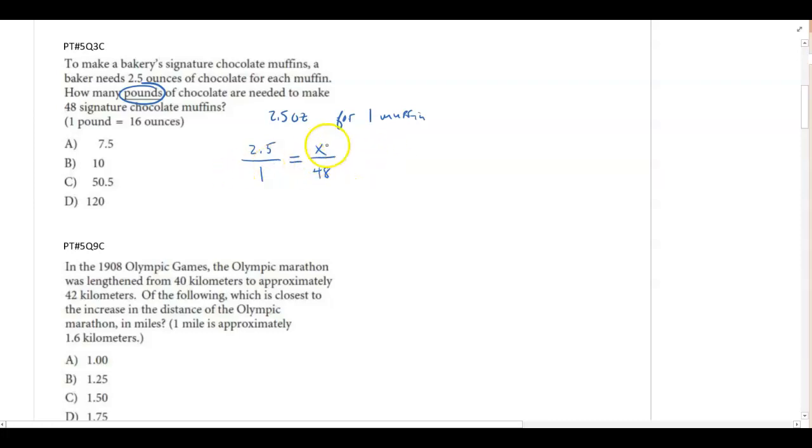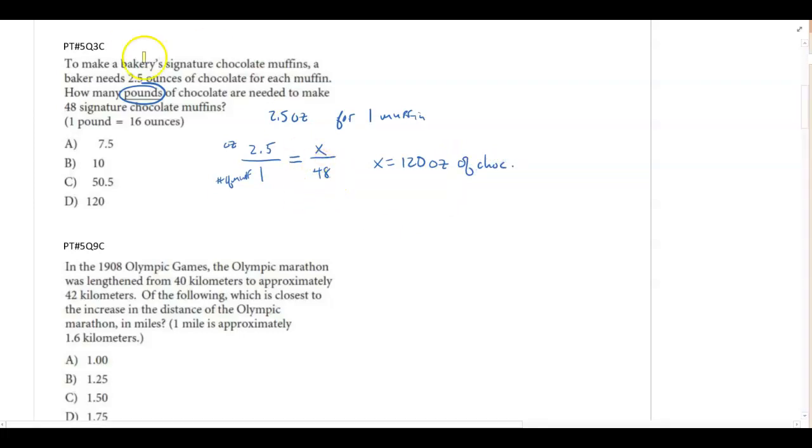When I set this proportion up, remember, number of ounces, number of muffins. So when I set this up and now I cross multiply, x equals 2.5 times 48, which would give you 120. That means you would need 120 ounces of chocolate to make the 48 muffins.